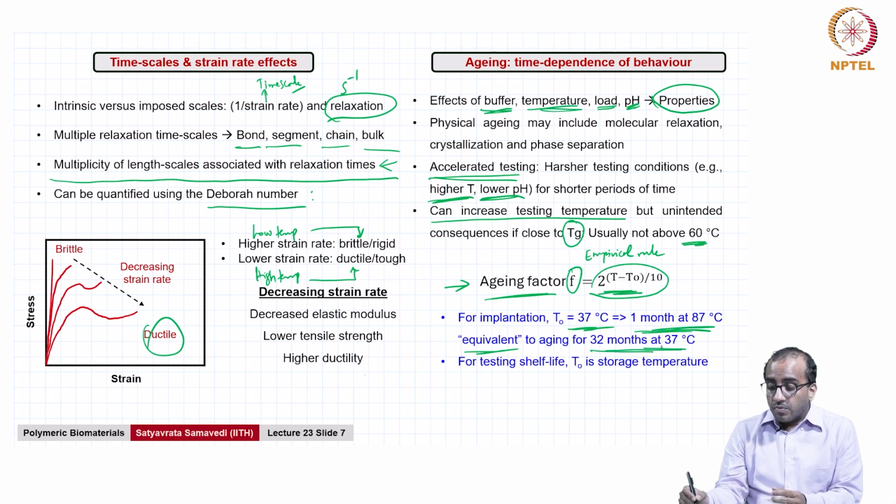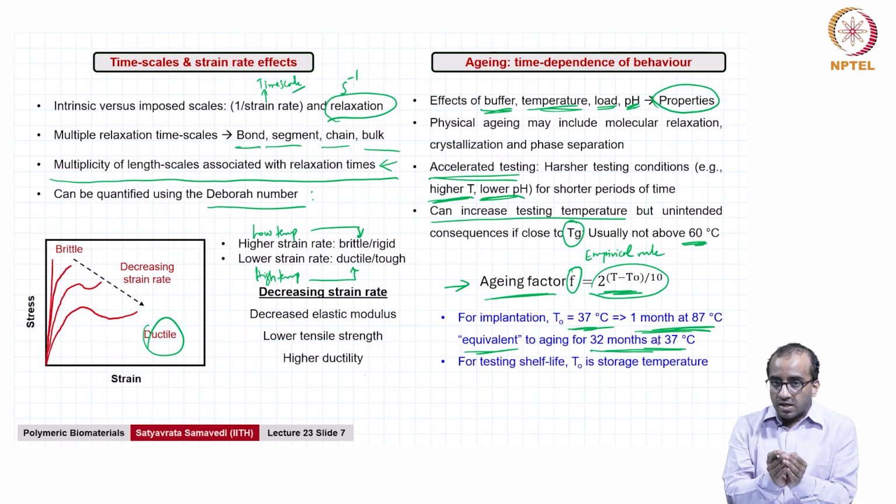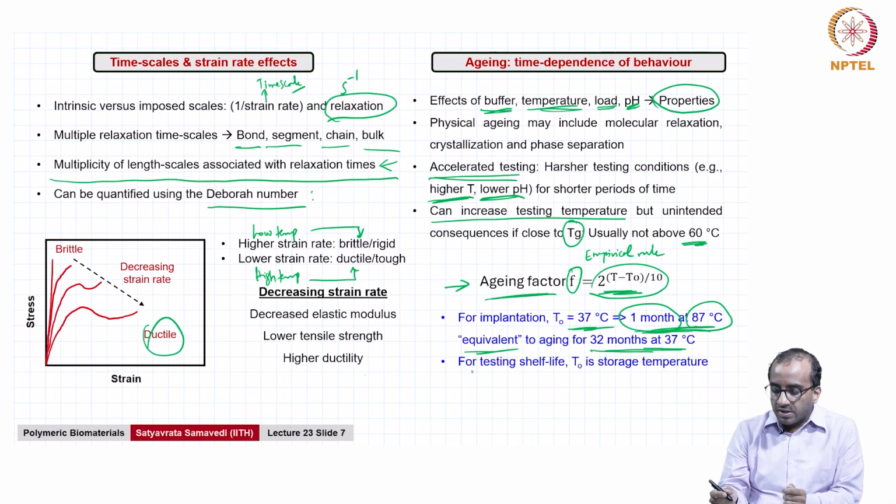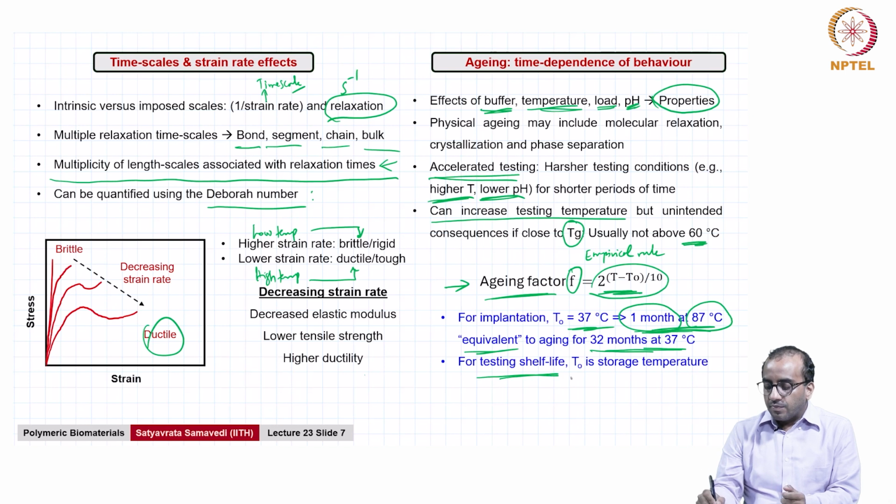So, if the material were deployed at 37 degrees under normal aging conditions, it is going to result in some properties after 32 months, and the contention here is that same kind of aging you can now do in an accelerated manner if you test the material for just 1 month, but at a much higher temperature. This is for use in the body, but again for testing shelf life for pharmaceutical applications, for example, T0 is the storage temperature.